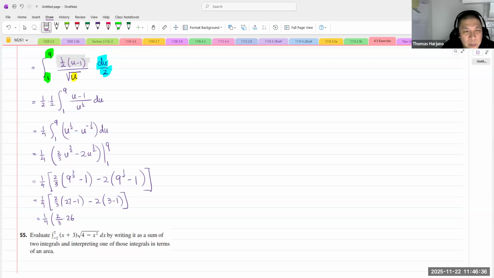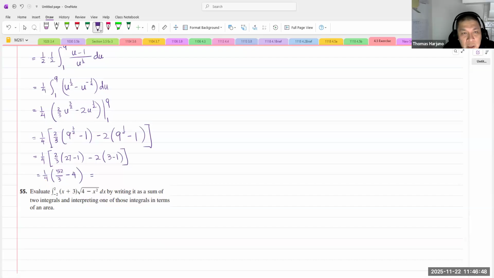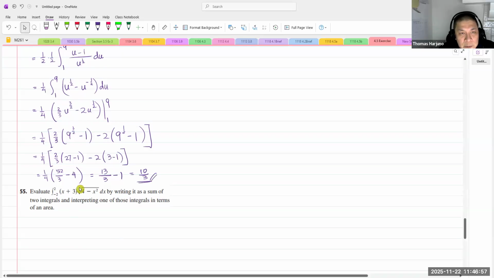You know what? Let me just multiply right away. So 26 times 2 is 52 minus 4. Right? 52 divided by 4, that's 13. 13 over 3 minus 1, that's 10 over 3. I hope I don't make any miscomputation.